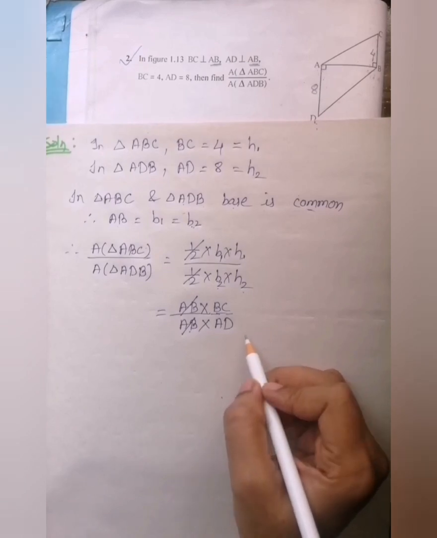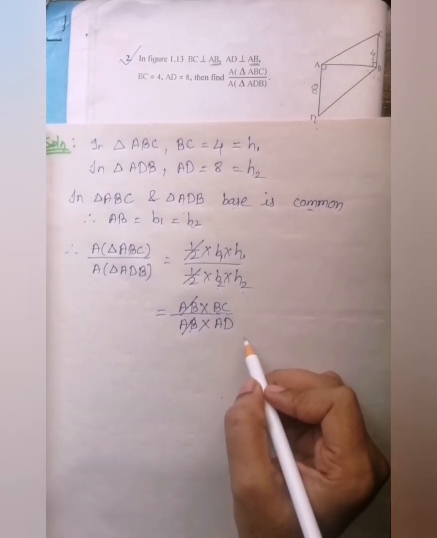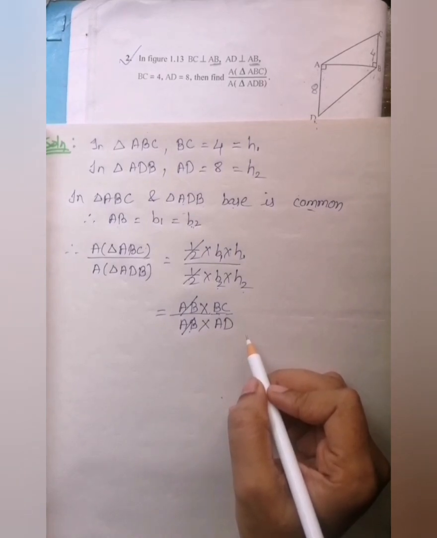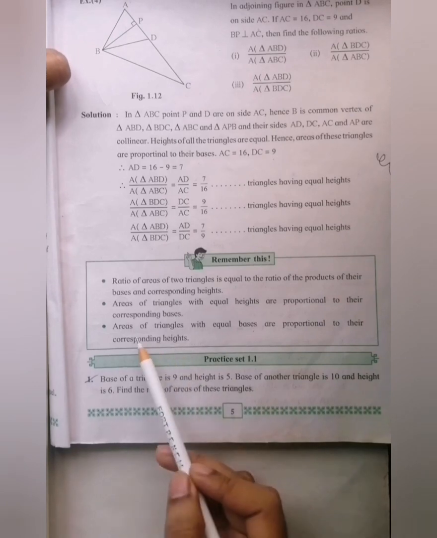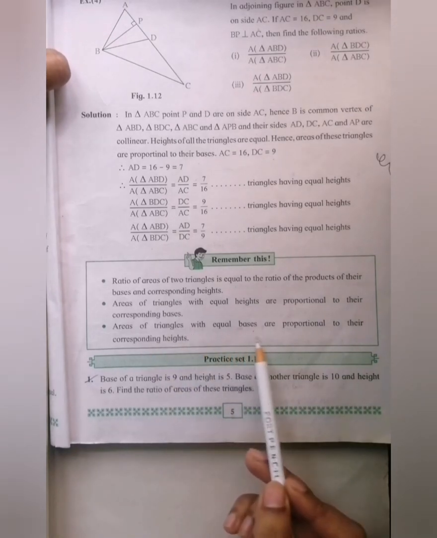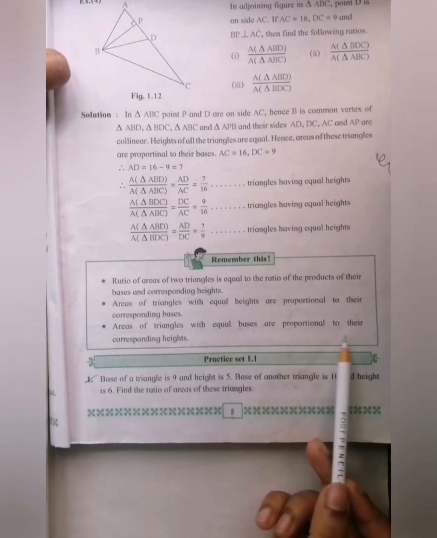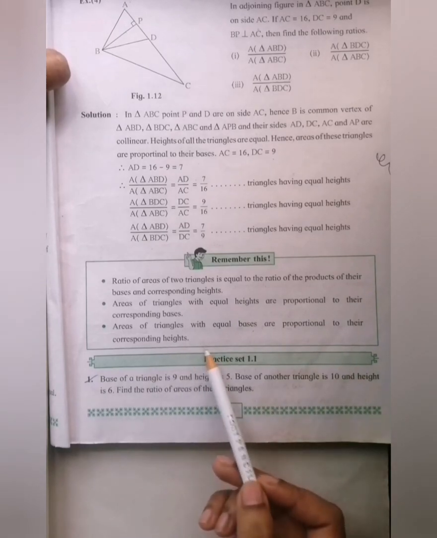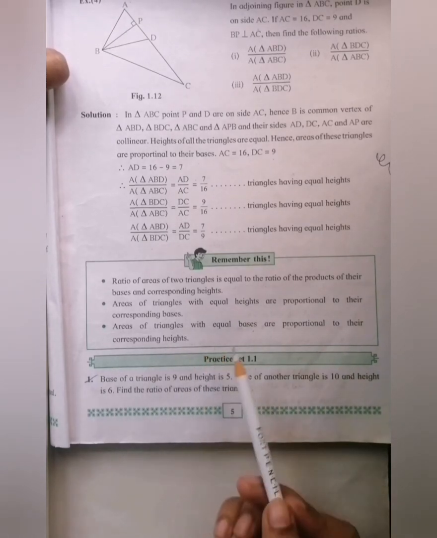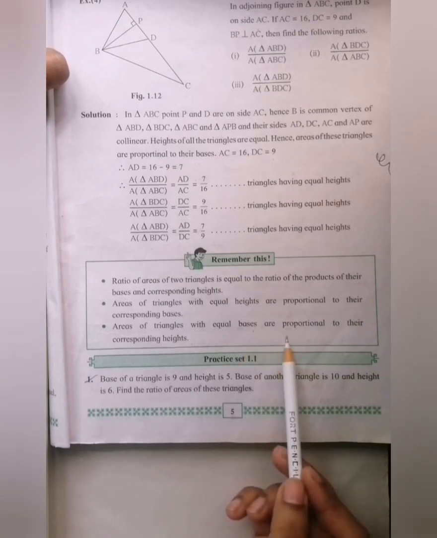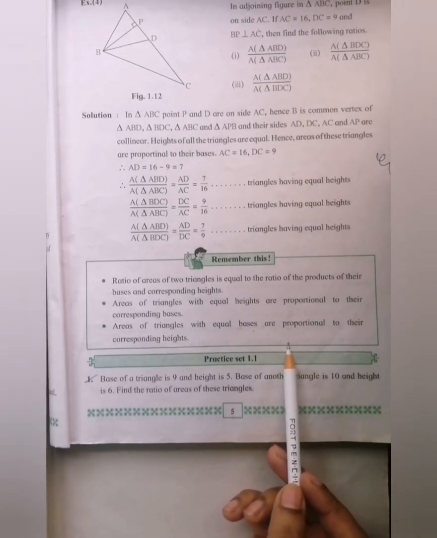Students, look at page number 5. Look at this property: areas of triangles with equal bases are proportional to their corresponding heights. So this property we have to write in brackets as the reason.